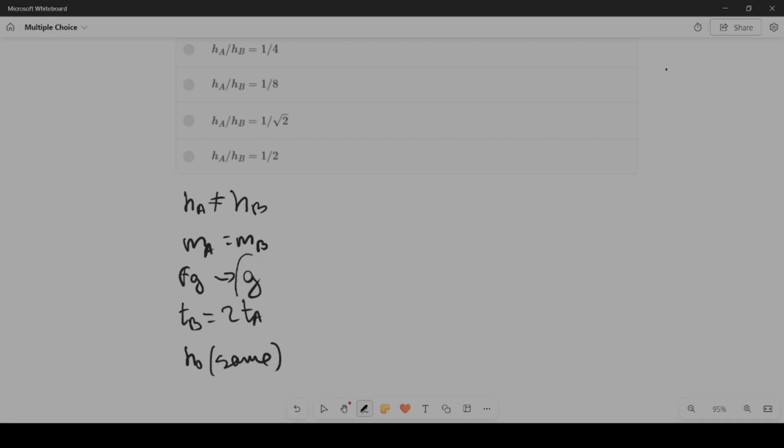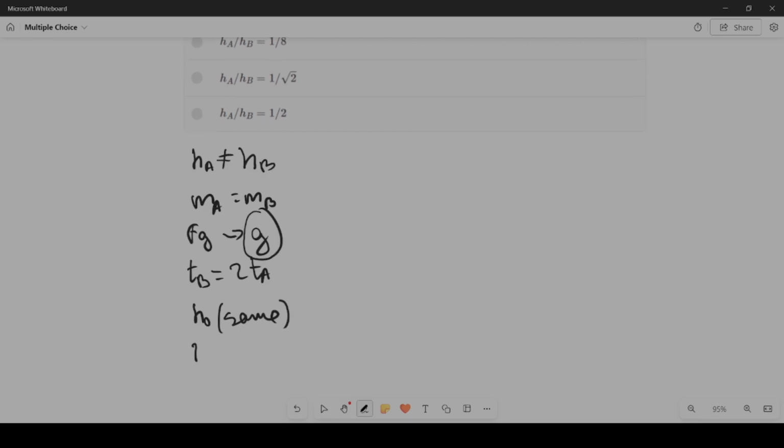We have the acceleration. We know that it goes from rest, so the initial velocity for both equals 0. So the position equation is just this formula: x equals x0 plus v0 t plus a t squared over 2.